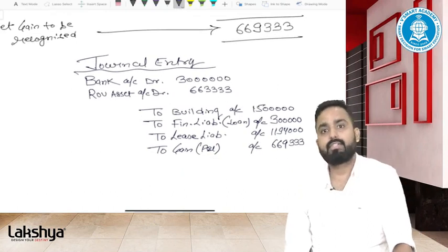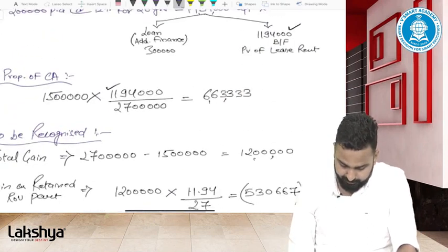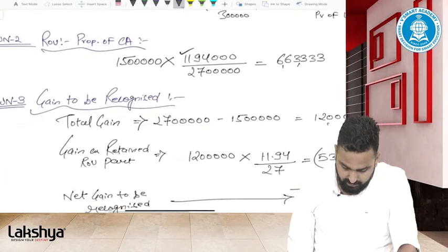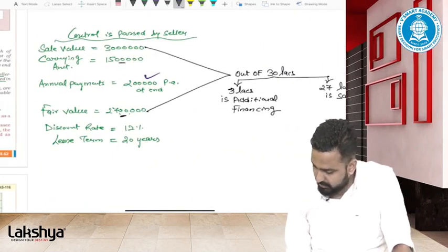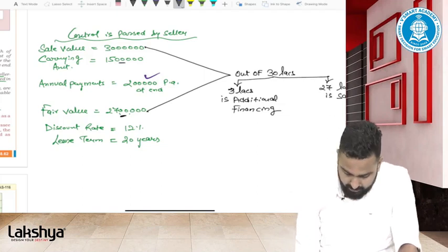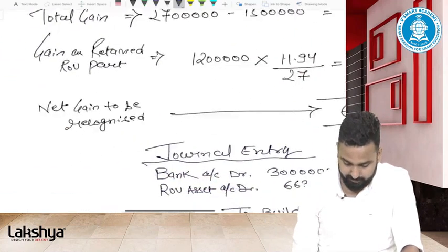That's great. The last working note is to bifurcate the annual payments.